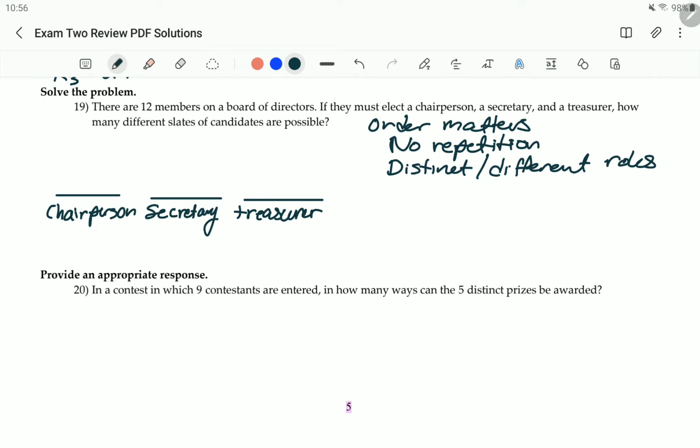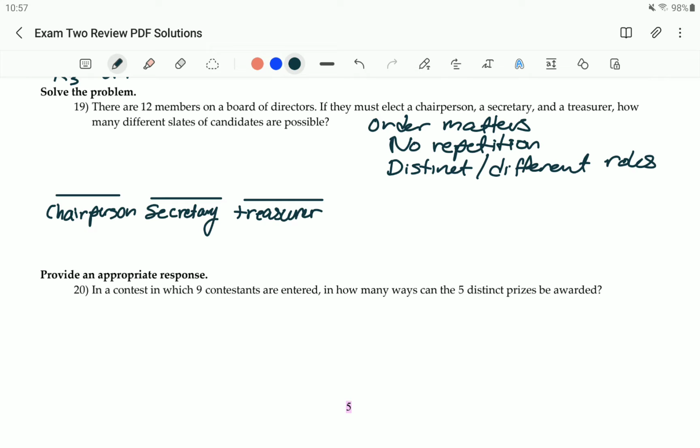Once you're chosen, you can't be chosen again. So, for example, if there's 12 people possible to become chair, once a chair is selected, that person is out of the pool, which means you have 11 left. And then from there, you pick your secretary. After that, you have 10 left. So if you notice here, for our problem, this is also a permutation.